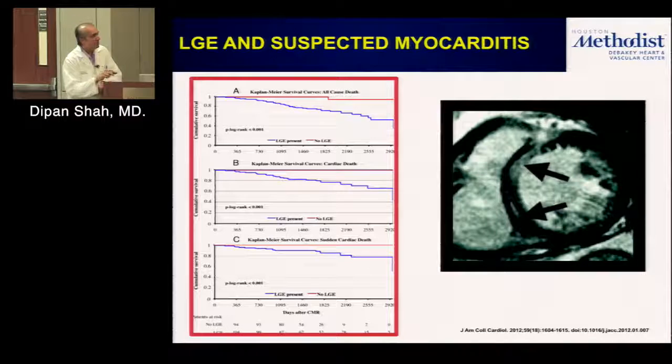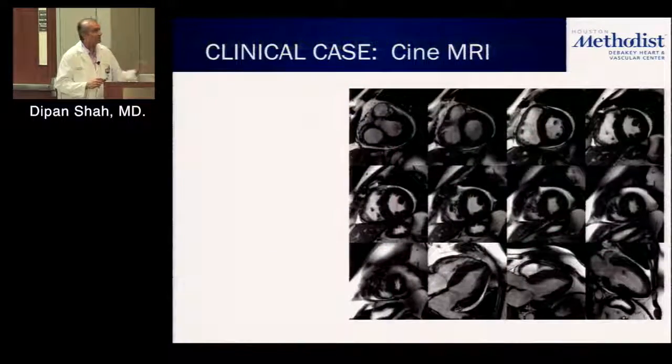In addition to that, there's been a more recent study which demonstrated that if you take patients with clinically suspected myocarditis and you stratify them based on having evidence of LGE by CMR versus those that do not, there's a significant difference in prognosis in these individuals, from all-cause death, from cardiac death, as well as from the standpoint of sudden cardiac death. So again, in these patients with myocarditis, MRI is not only able to help you in establishing the diagnosis, but also can aid in prognosis.